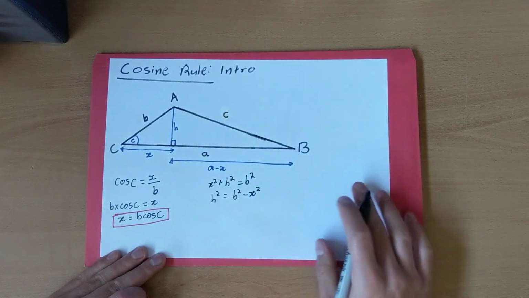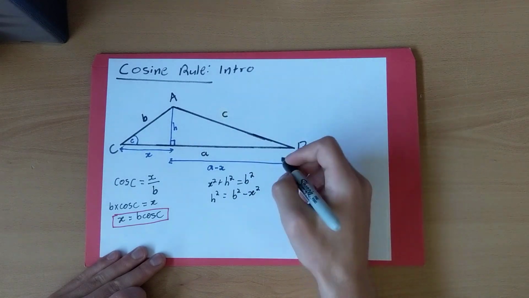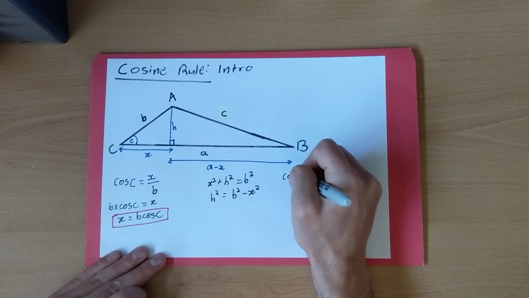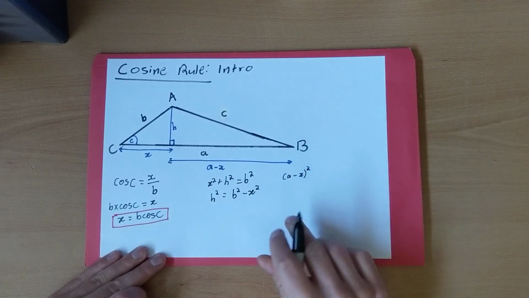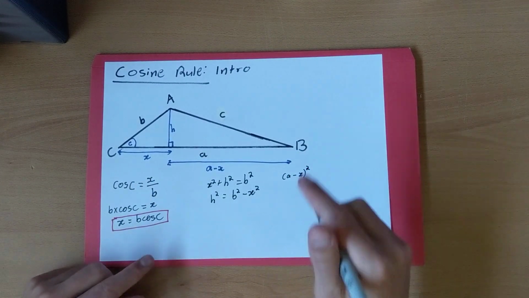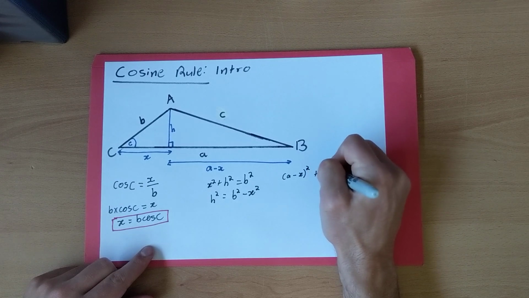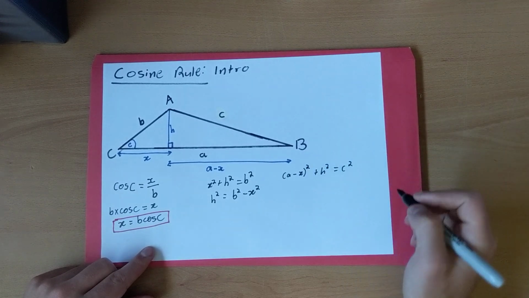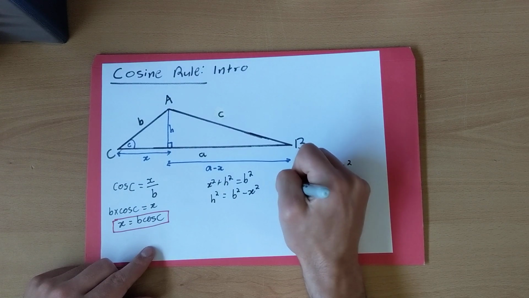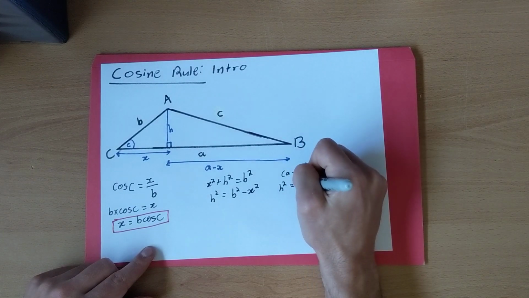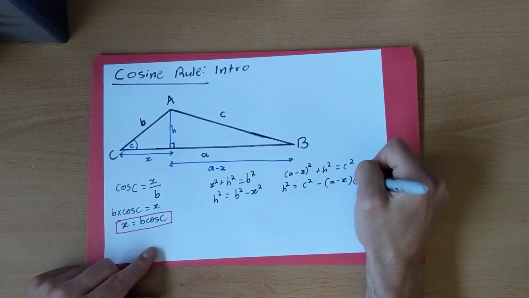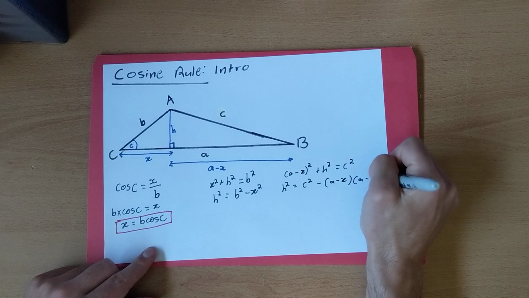Now let's look at this triangle on the right-hand side. We have that (a minus x) squared, because a minus x is this side length, so I've had to put it in brackets and square the whole thing, plus h squared equals c squared. And again, to put it in terms of h squared, I get h squared equals c squared take (a take x) squared, which I'm going to write as a take x multiplied by a take x.